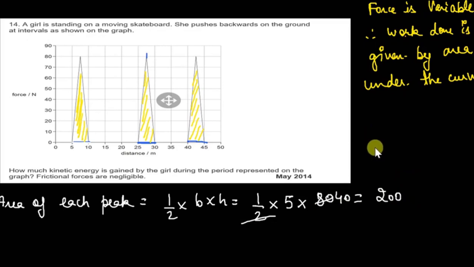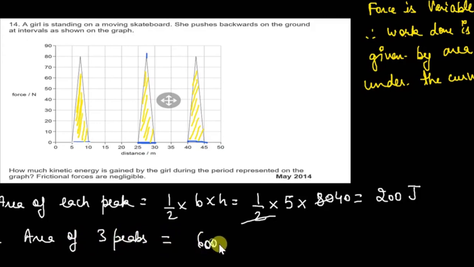And this is going to represent the work done, so 200 joules. Now area of each peak is 200 joules. So therefore area of 3 peaks will be how much?